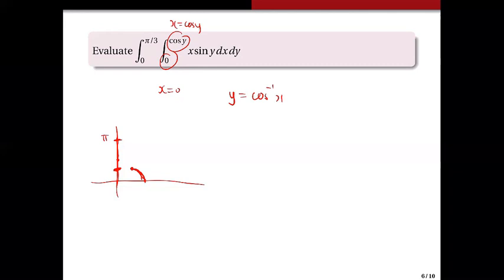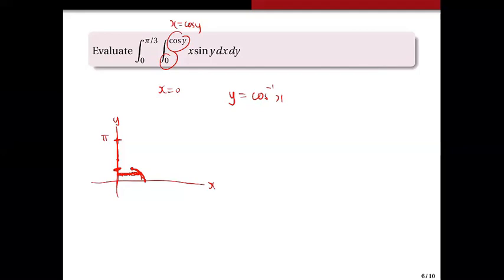So what is this? We have from x equals 0 up to cosine y. So this is for the variable x, correct? From x equals 0, again, this is your x-axis, this is your y-axis.